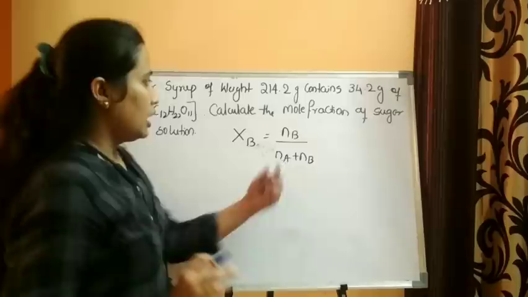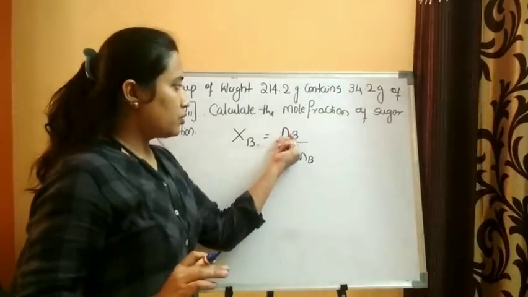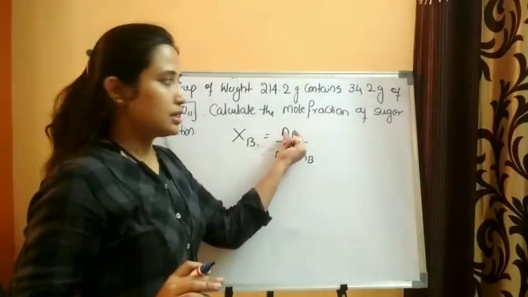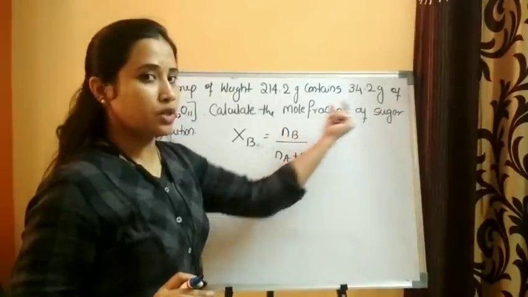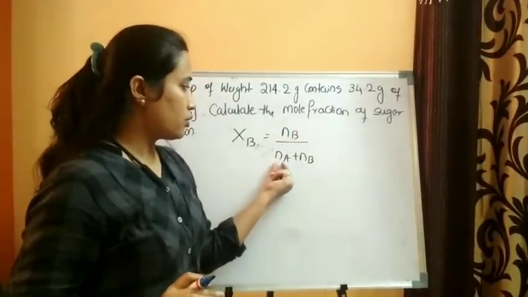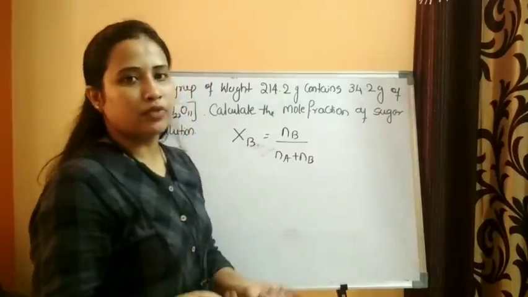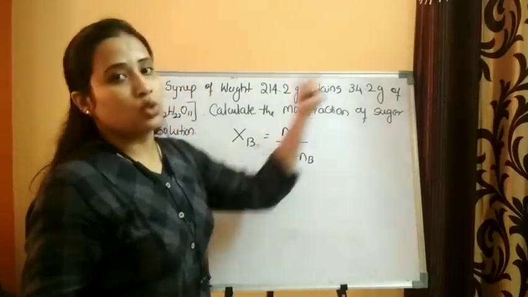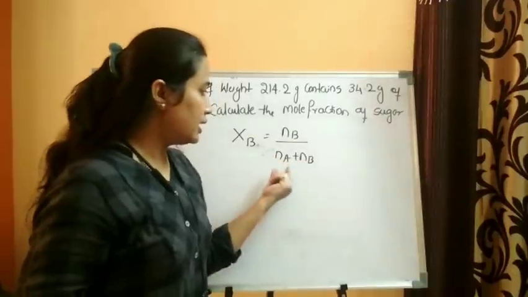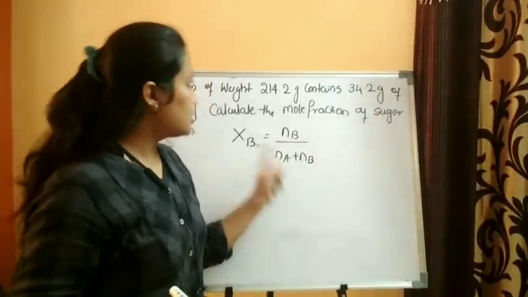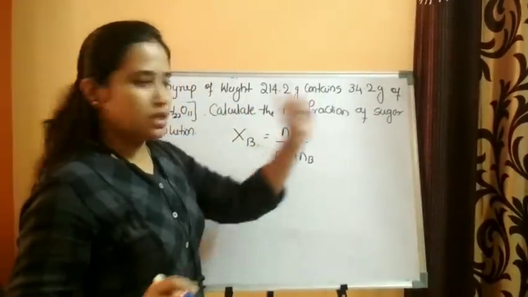Very easy. If you find the number of moles of the solute, that is sugar, and the number of moles of the solvent, when you substitute you will get the mole fraction of sugar. So B here is the solute, sugar, and A is the solvent. Here the solvent is water, the solute is sugar.